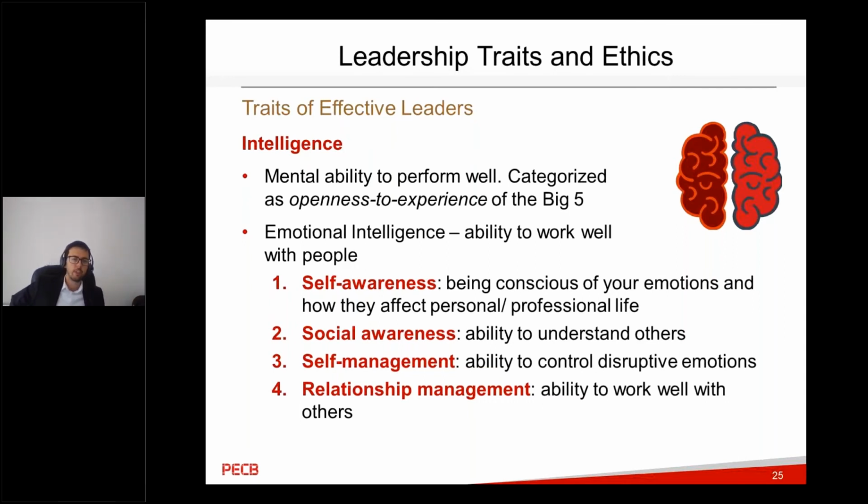Jobs that need intelligence are usually jobs that have a lot of contact with others and issues to be dealt with dynamically. So jobs that call for a high degree of intelligence, and leaders typically tend to have above average intelligence, as opposed to regular employees or followers.